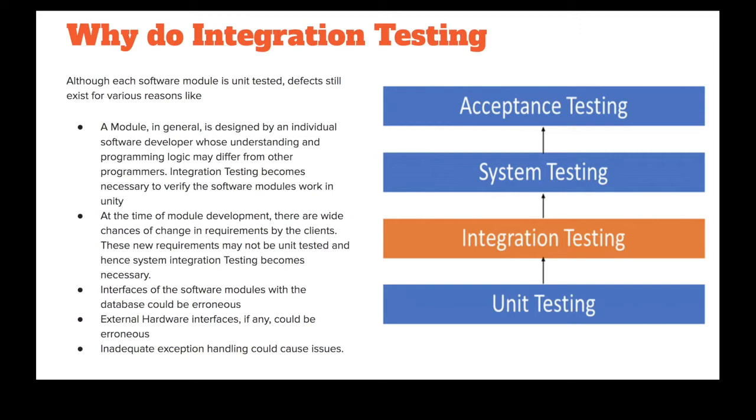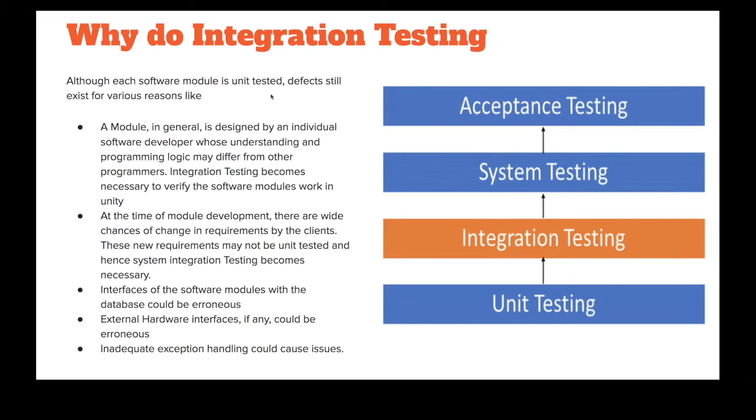But in integration testing, those individual modules which are already tested in unit testing will be tested when integrated with each other. After unit testing is done, integration testing comes, then system testing, and then acceptance testing.